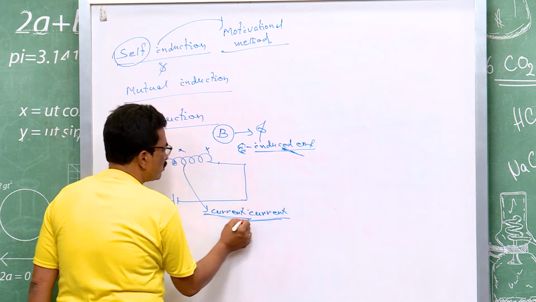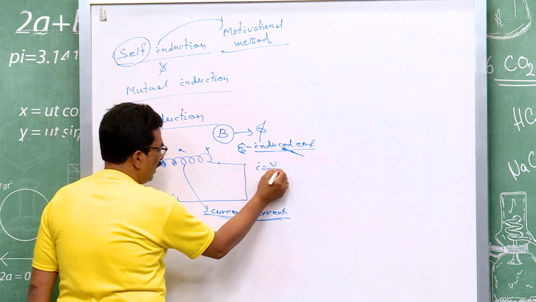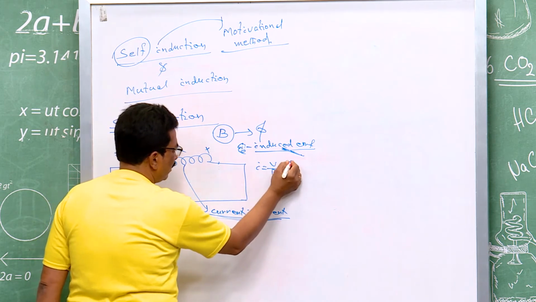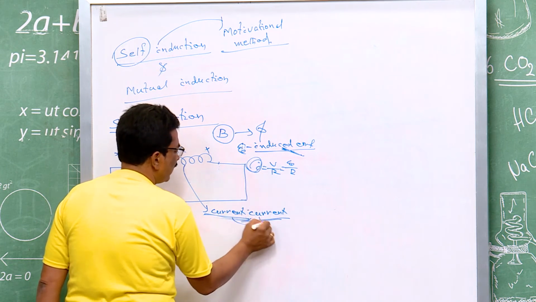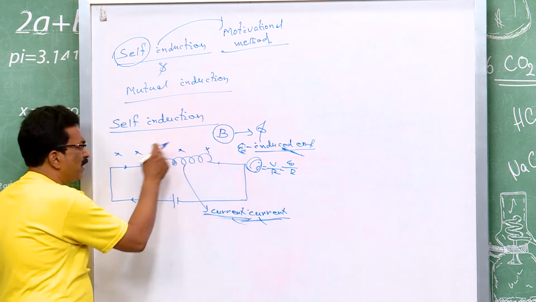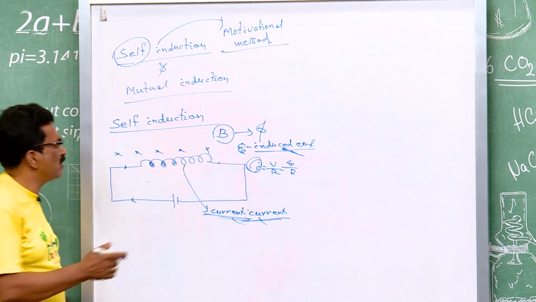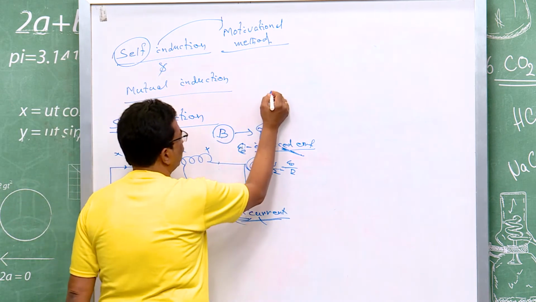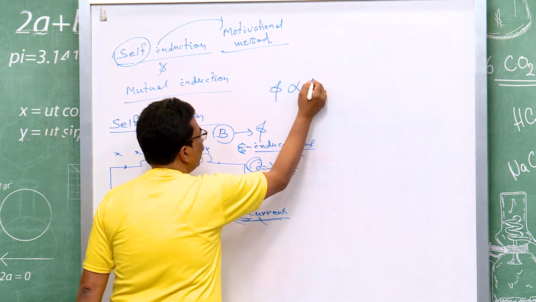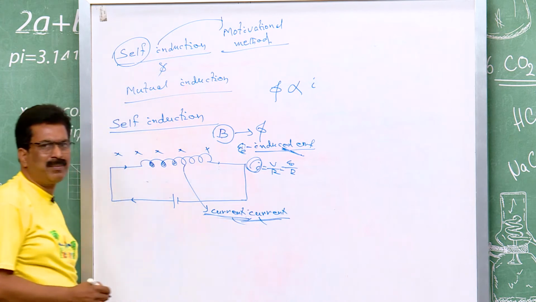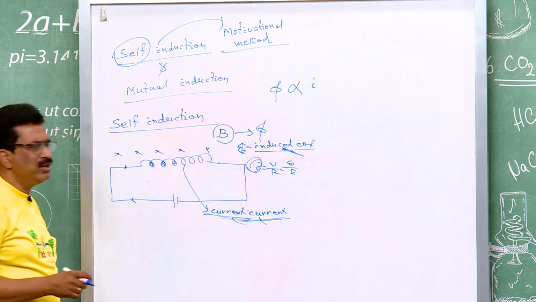So, this induced current I is equal to V by R, that is equal to epsilon by R. So this induced current purely depends upon how the magnetic field changes. When the magnetic field changes, if phi is more, then the current developed through that conductor is increased.